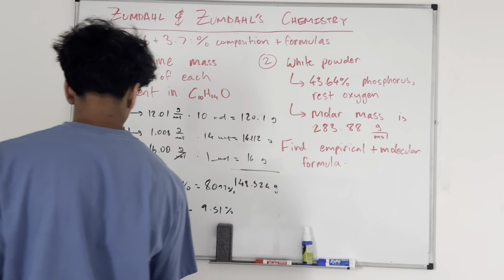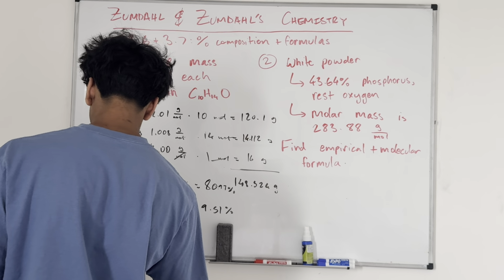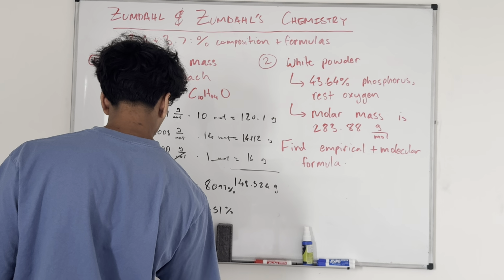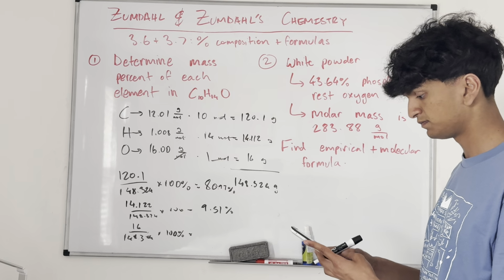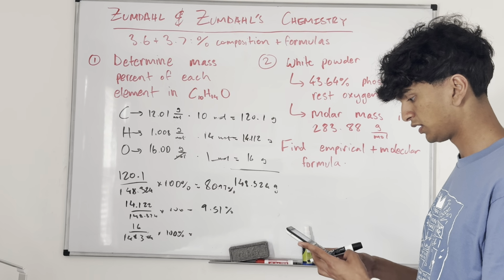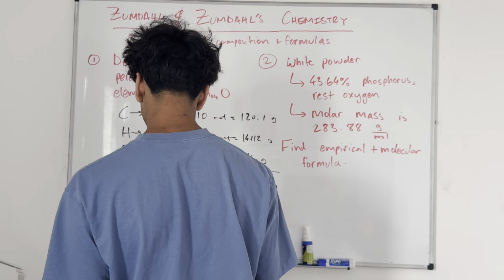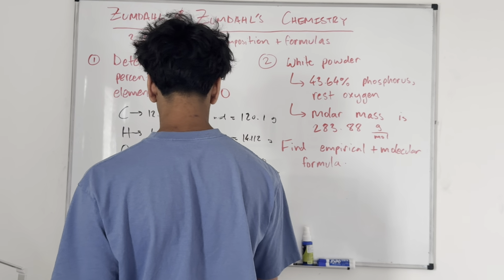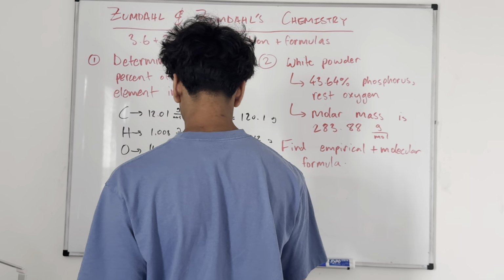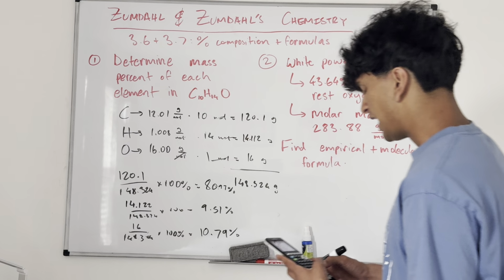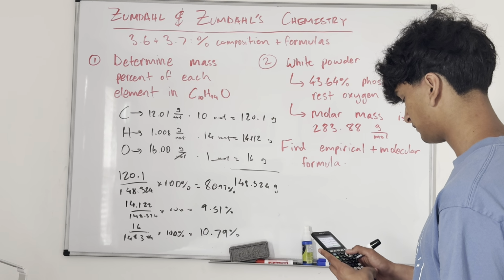And if I were to do 16 over 148 divided by 324, it's going to equal something very small. 148, about, I'm a little bit, 10.79%. I think these should all add up to 100, if I'm not mistaken.